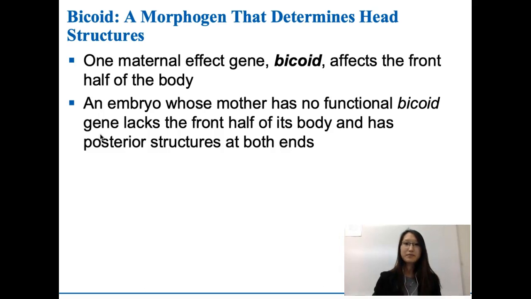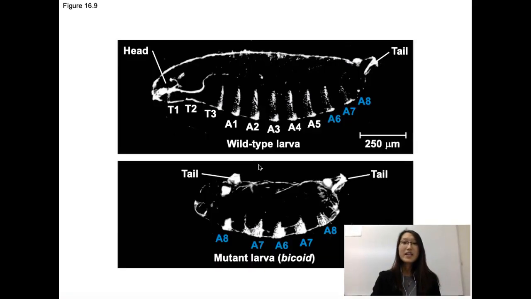But how does this look for a fruit fly? When the bicoid gene is missing, instead of a head and a tail in a fruit fly embryo, you would have a tail and a tail. All right, so this is actually a larva, it's not just an embryo. They're kind of like little tiny caterpillars, but they're called larvae. They're not caterpillars, but they kind of look like one.